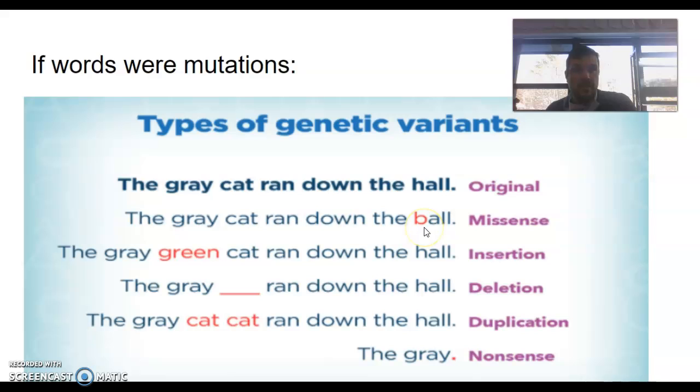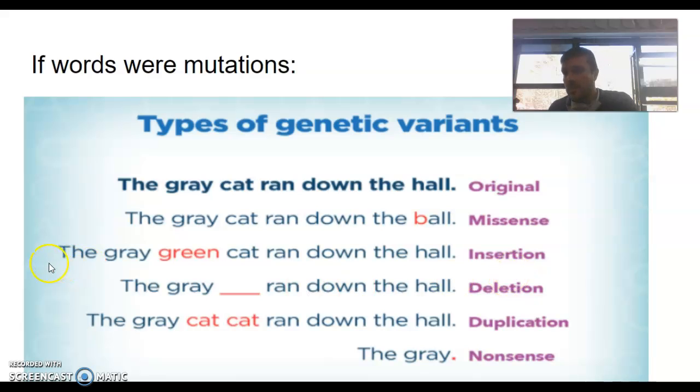Does it change the meaning of the sentence? Yep, it's missense. Okay, the gray cat ran down the ball. Doesn't make sense, but most of the gene is still there. Might even still do its job to some extent. It lets you know what the cat's doing. It's doing something different than what you thought it was.